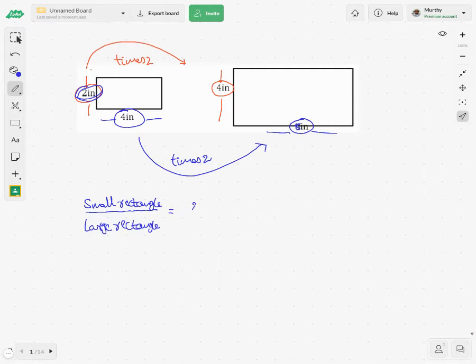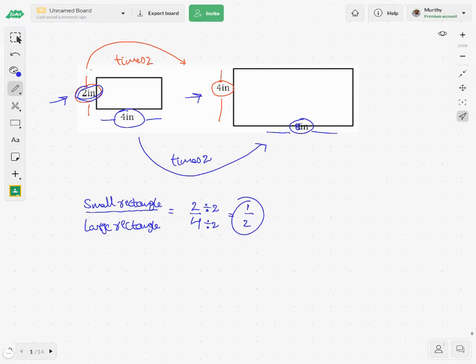I'm taking here 2 inches, which is width, and the corresponding side, therefore 2 over 4. Can you divide the numerator and the denominator by any value? Obviously it's by 2. So 2 over 2 gives me 1. 4 over 2 gives me 2. So that is 1 over 2.